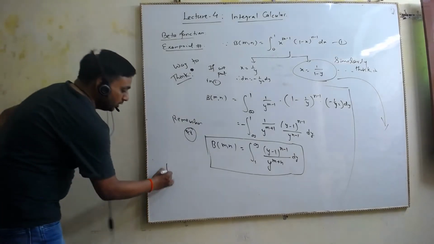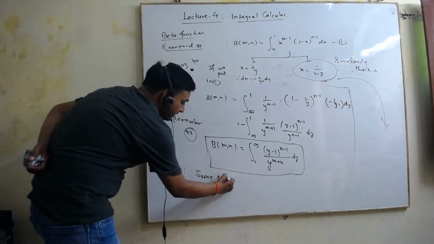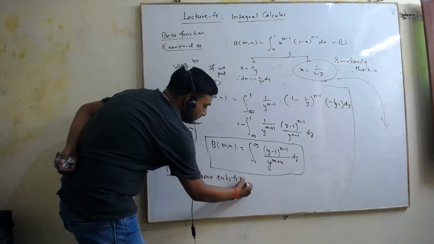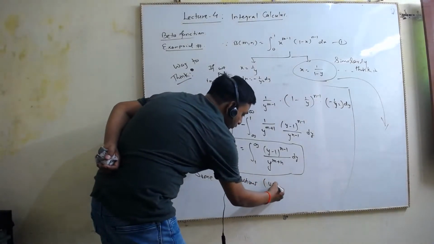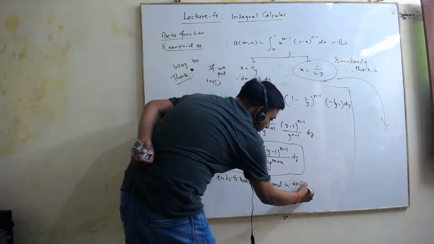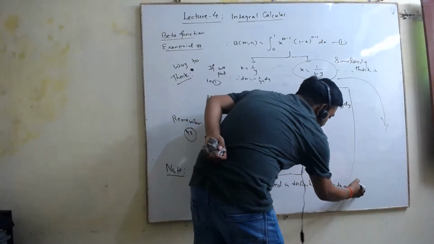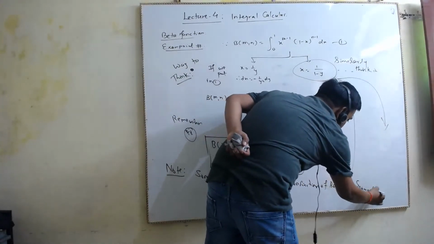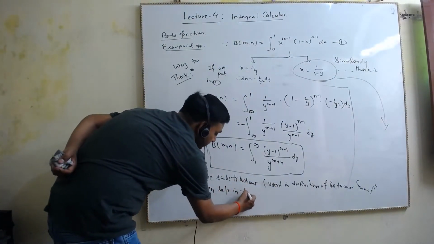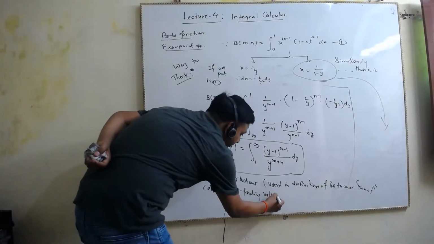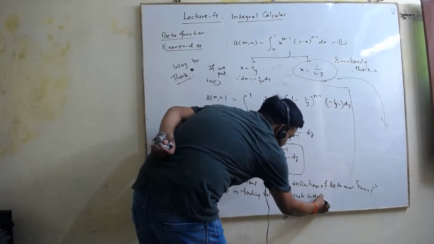So I will write here a note: some substitutions used in the definition of beta and gamma function can help in finding the value of such integrations.